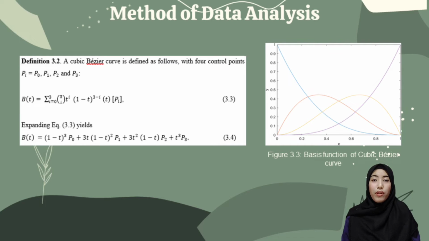Expanding equation 3.3 yields B(t) equal to (1 minus t) power of 3 times P0 plus 3t times (1 minus t) power of 2 times P1 plus 3t power of 2 times (1 minus t) times P2 plus t power of 3 times P3. On the right side is the figure containing the graph of basis functions for the cubic Bezier curve.